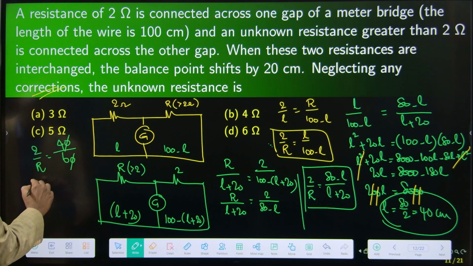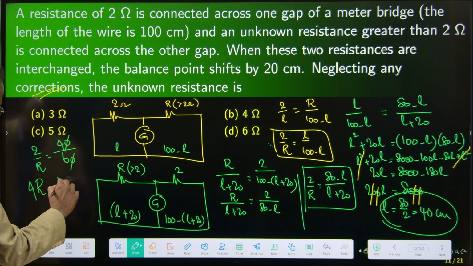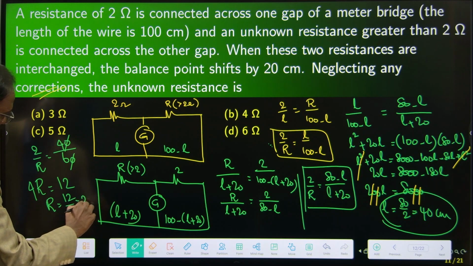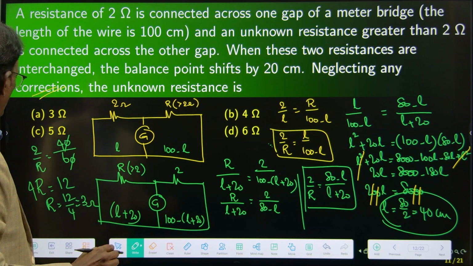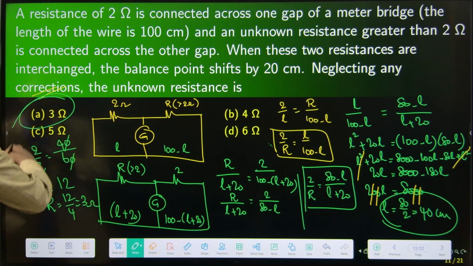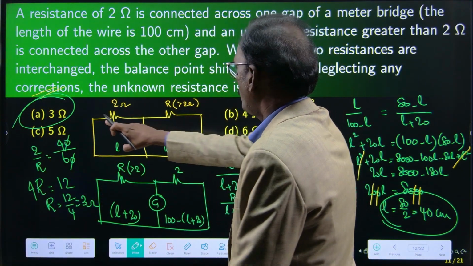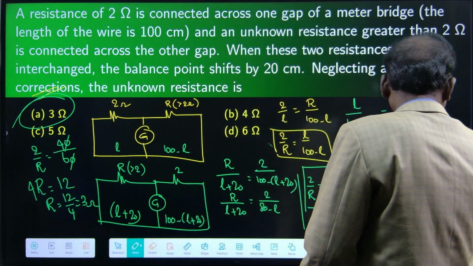So 4R is equal to 2 into 6, 12. R is equal to 12 by 4 is equal to 3 ohms. I am getting 3 ohms. Option A is the right answer. 3, 4, 5, 6. 3 is right.